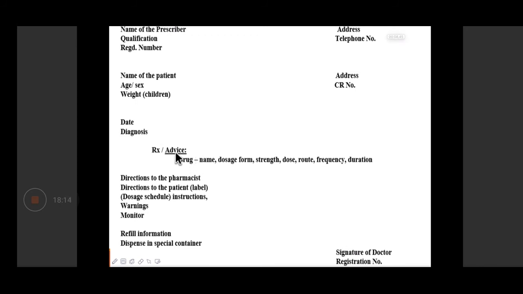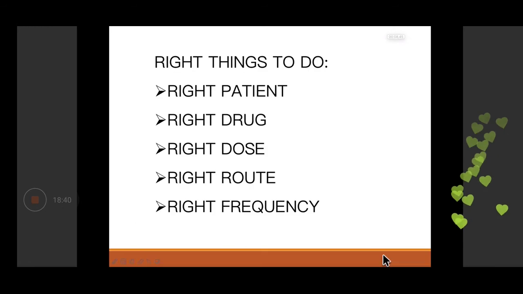Then you have to have a treatment advice. Treatment advice will depend upon name, dosage, form, strength, route, frequency, and duration. Direction to the pharmacist, direction to the patient, patient instructions, refill information, monitoring details, dispense in a special container, signature of the doctor, and the registration number. Okay?